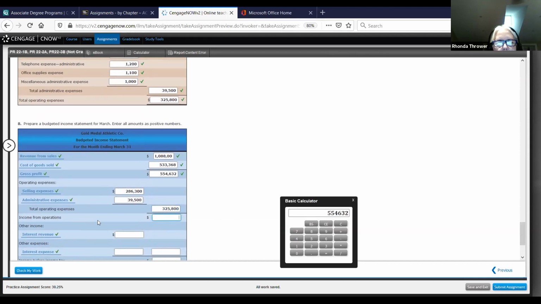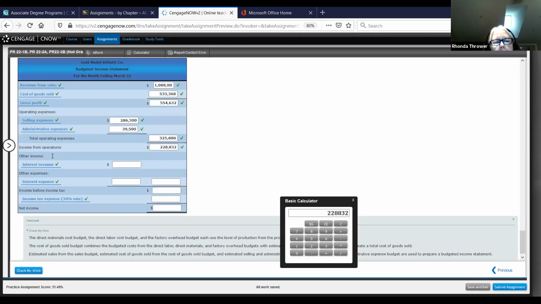To get the income from operations, you're going to subtract your total operating expenses from your gross profit. So we're going to subtract $325,800, and that's going to leave us with income from operations of $228,832. Again, I would check my work, just make sure my math is correct so far.